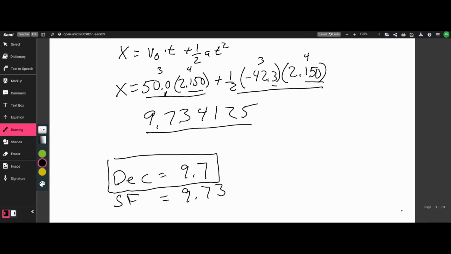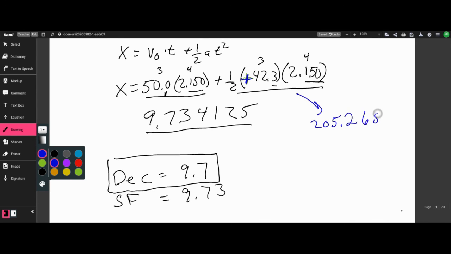Now, these same numbers give us a different result entirely when we change one sign. Let me change the 42.3 from negative to positive. When you plug that into your calculator, and that is now positive, you would get 205.265.